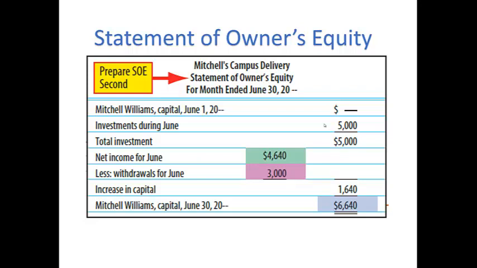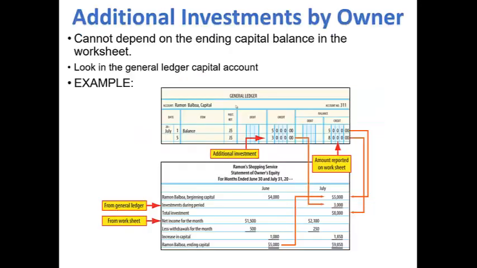And that way, for the month of June, we would see that he had 0 in his capital account and he made an investment of $5,000. So it's really important not to assume that $5,000 was actually the beginning balance, and you'll be given some hints in your assignments as to what the beginning balance was. Let's move to the next slide to look at that.